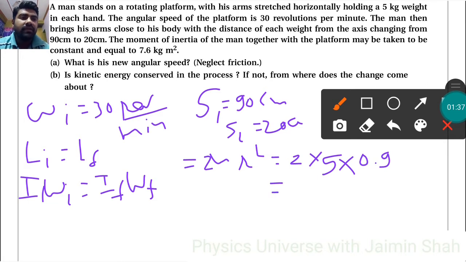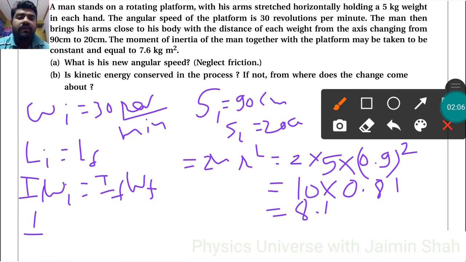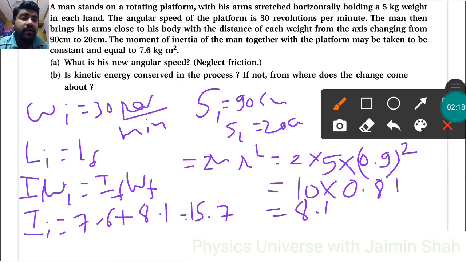So 10 into 0.9 square, that will be 0.81, so it is 8.1. Now for the initial, 7.6 plus 8.1, that will be 15.7. That is our I_i.